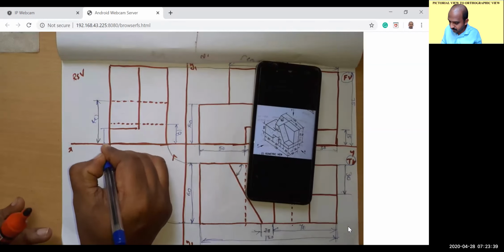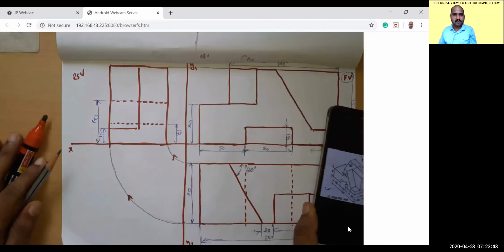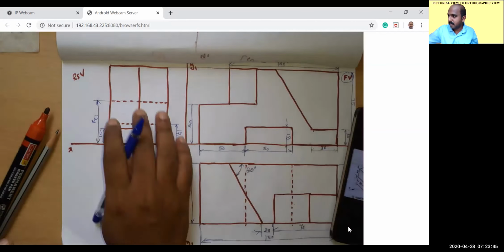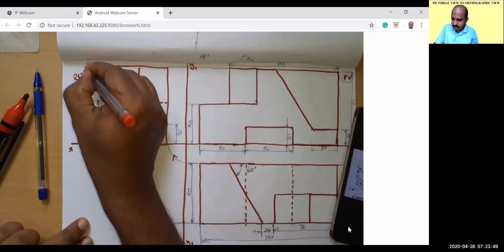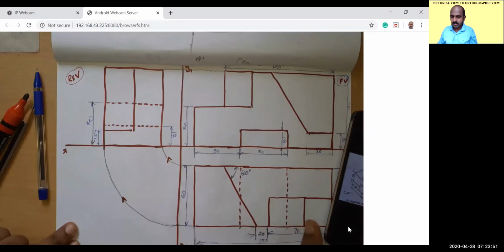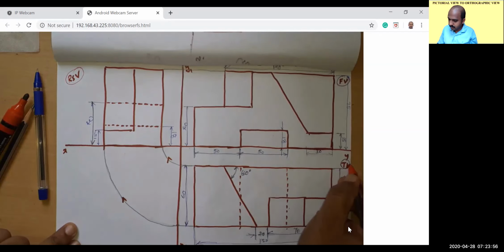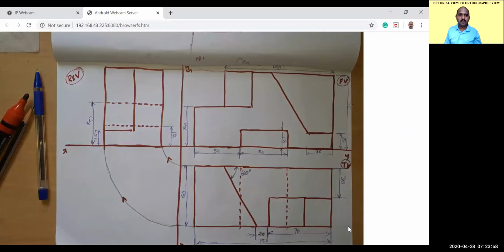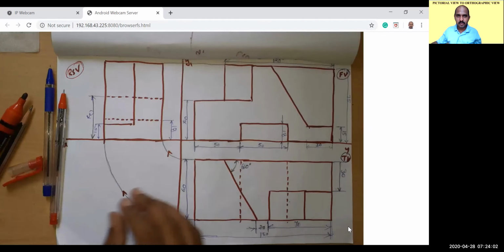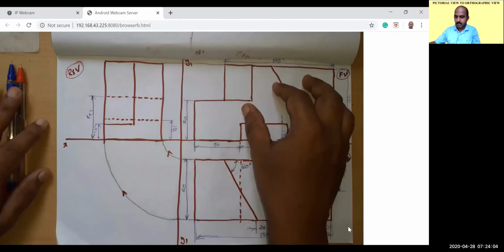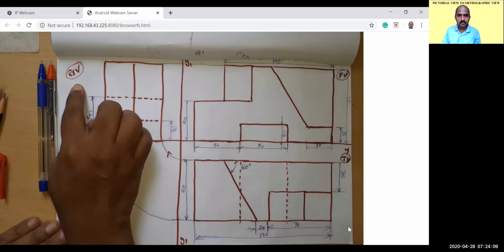This is at a height of 15, so at a height of 50. Now we completed the right side view also. So here is your front view, top view, and the right side view. First you draw the front view, then draw the top view, then draw the right side view.